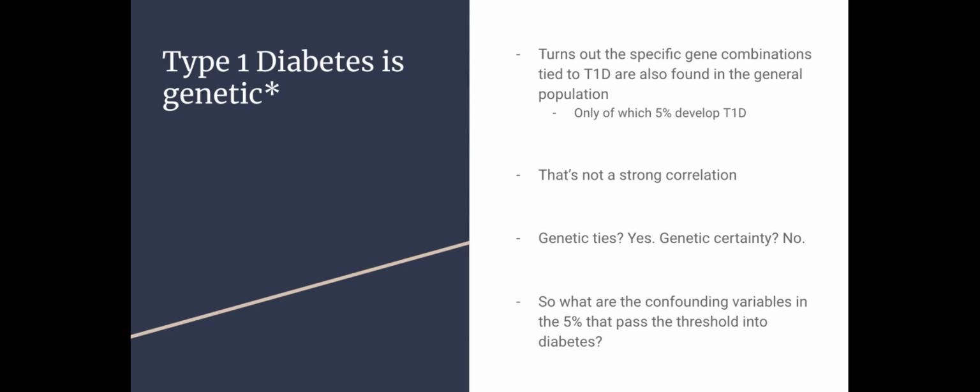That is not a strong correlation. So maybe those gene complexes or versions of that gene have a tie to diabetes, or maybe serve as a contributing factor? Maybe. But is it a certainty? Absolutely not. So what are those confounding variables in the 5% that having those genes caused us to pass the threshold into type 1 diabetes?